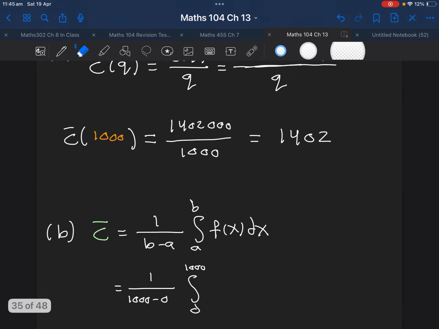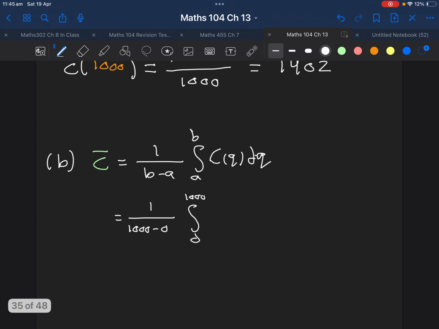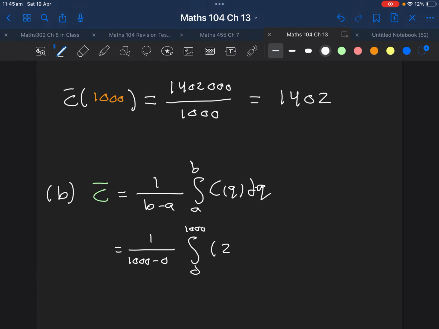And now we write, sorry, not f of x, it should be just c of q. And that will be just 2,000 plus 400Q plus Q squared. Okay.